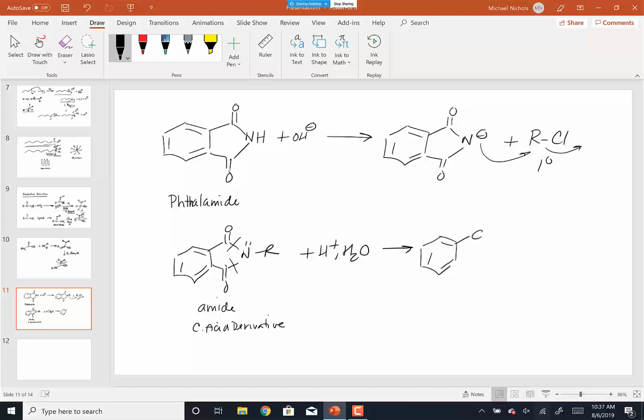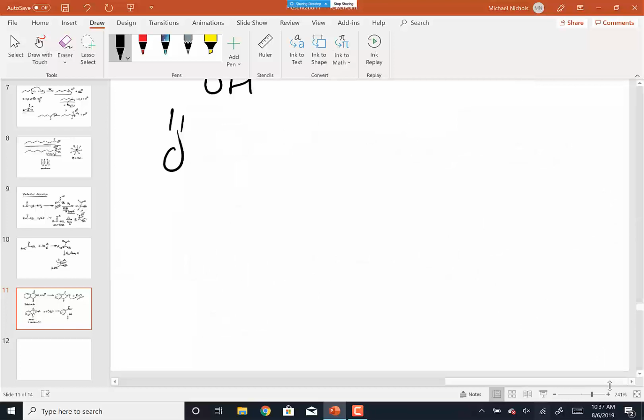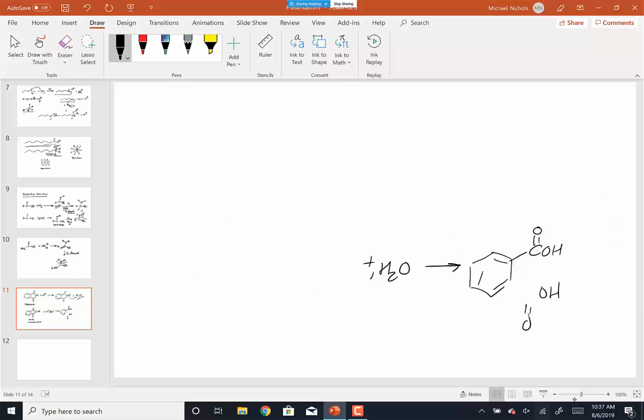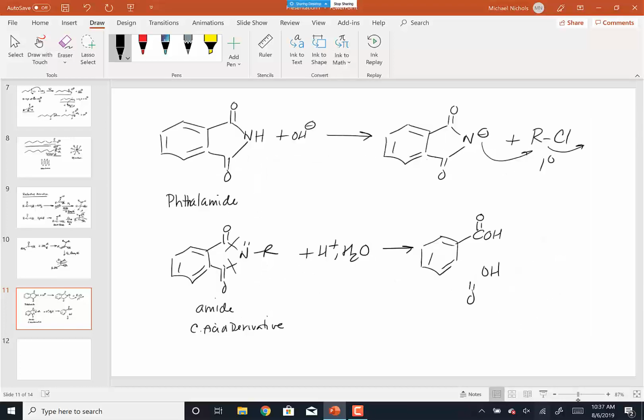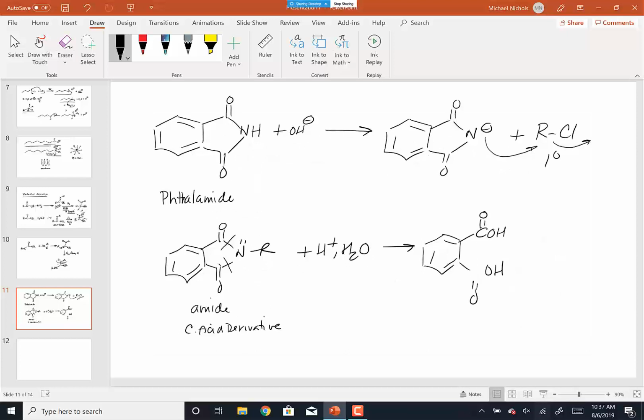So we end up with 2 carboxylic acids here, and so we end up with the C double bond OOH. And this is actually called phthalic acid.